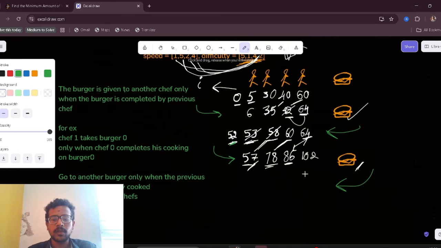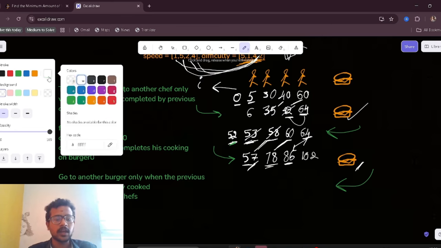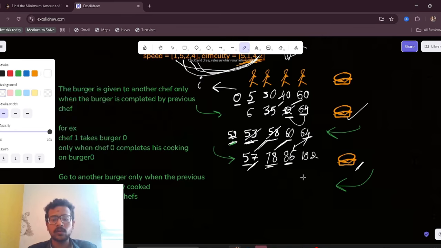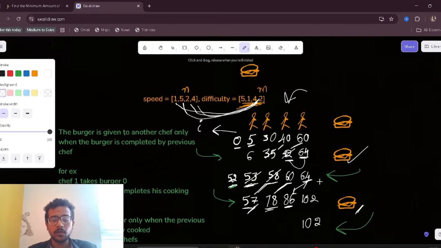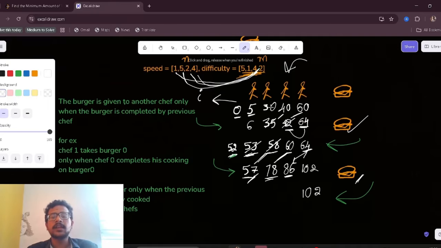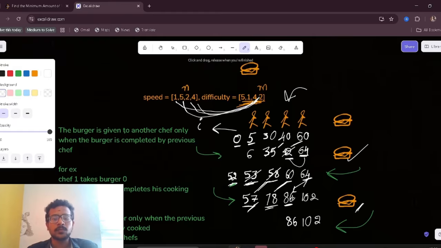Now if I go from backward, I would get 102, and I need to remove. What I need to remove? So 4 into 4 is 16. Chef 3 needed only 16 minutes to complete his work on burger 2. So if I remove 16, it would be 86. Now chef 2 would require 4 into 2, only 8 minutes.